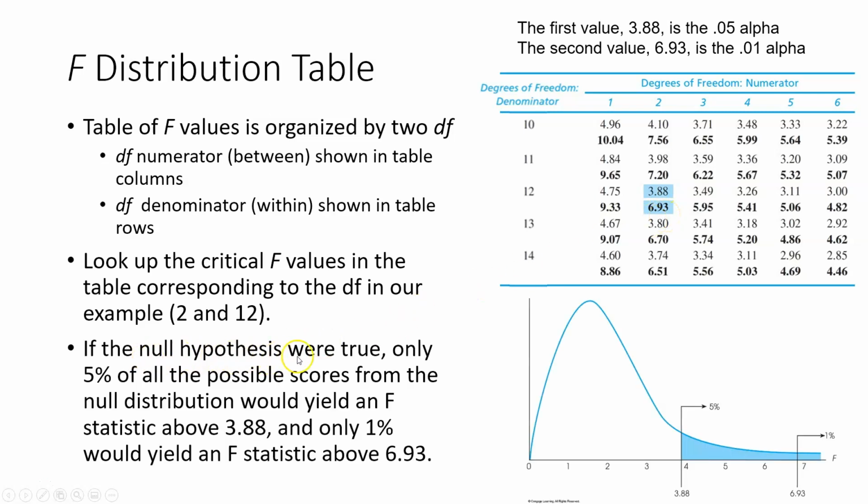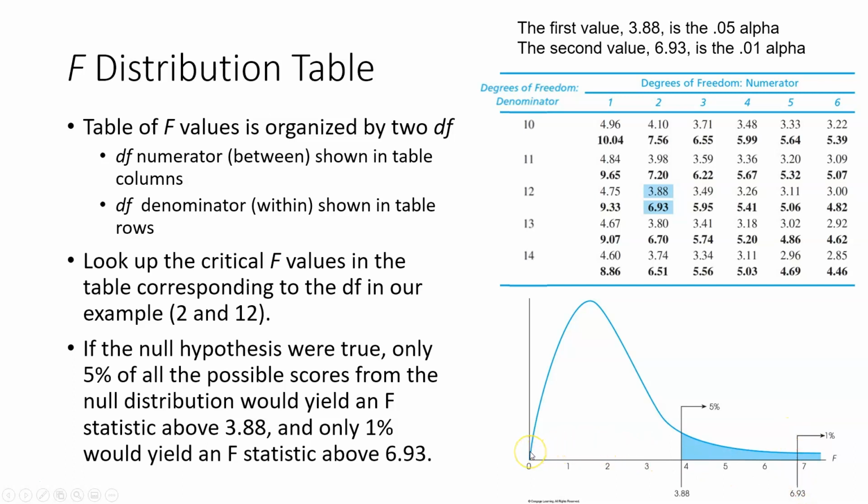So if the null hypothesis were true, only 5% of all the possible scores from the null distribution would yield an F statistic above 3.88, marked in your chart right here. And only 1% would yield an F statistic above 6.93, this second value, which is marked right here.